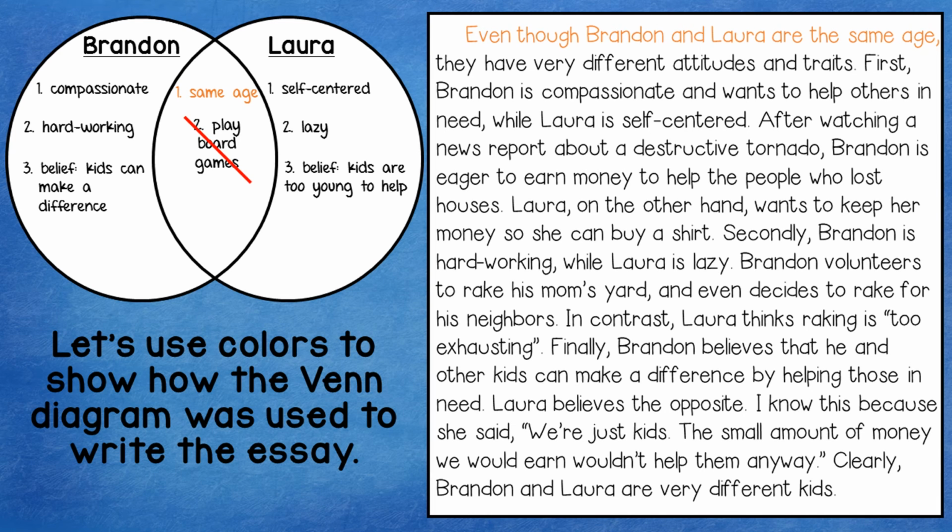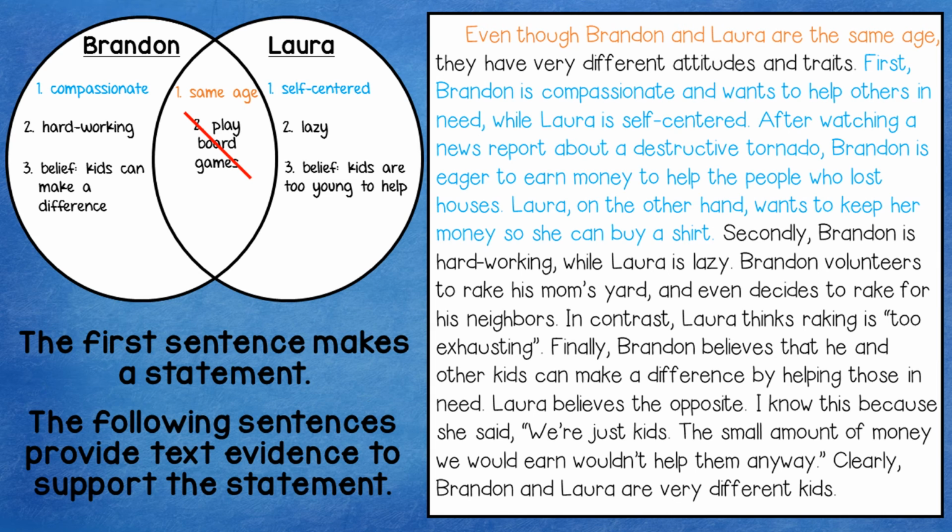So here we have colors to help show us what part of the Venn diagram was used to write the essay. This first part is the comparison. Brandon and Laura are the same age. Then we have the sentences here in blue that are the first difference, explaining the character traits of Laura and Brandon.